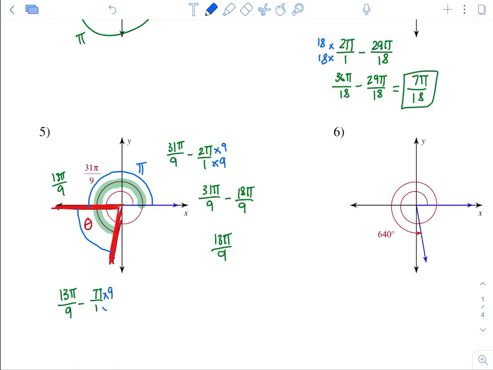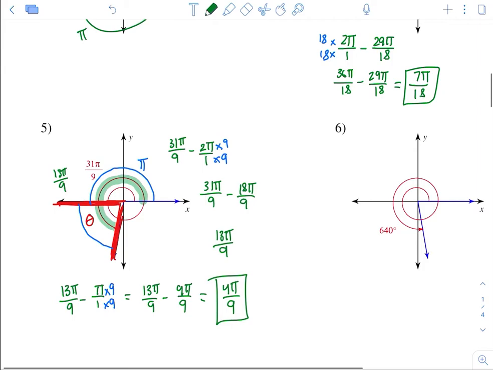Multiply top and bottom by 9. And we get 13 pi over 9 minus 9 pi over 9, and we get 4 pi over 9. So that theta is going to be 4 pi over 9, which makes sense because 4 pi over 9 plus a whole pi is going to equal 13 pi over 9, which was this whole thing right there.